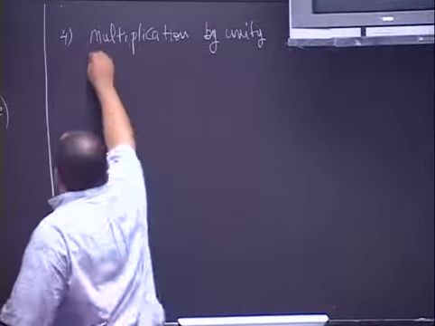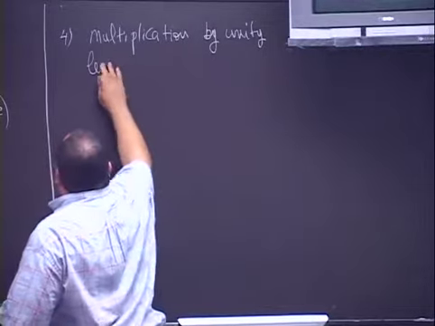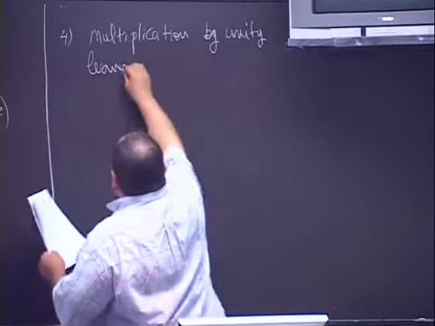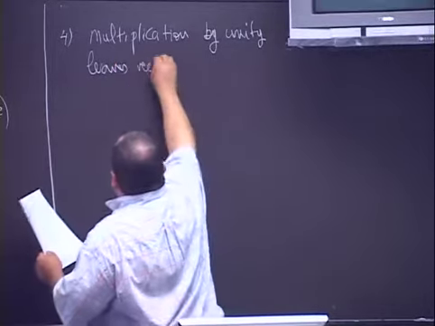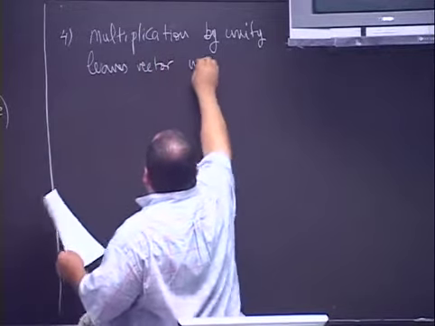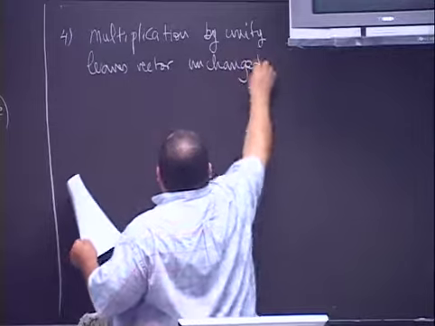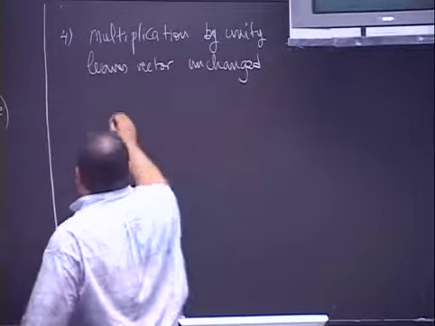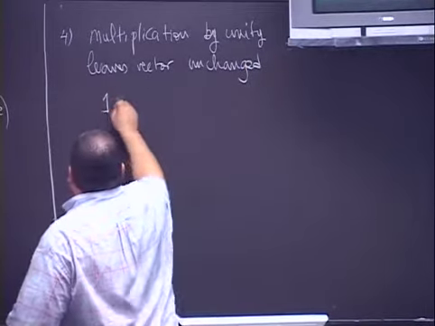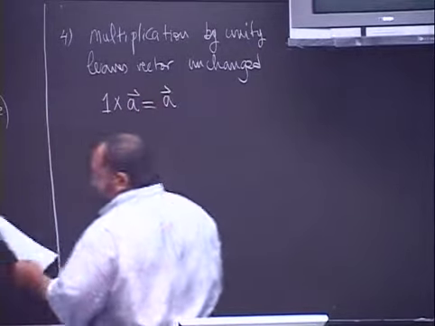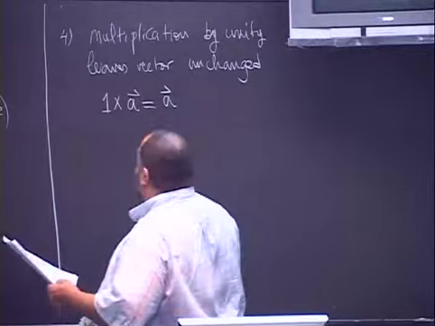Unity will leave the vector unchanged. So if we have 1 and we multiply it by a vector A, this should give me the same vector A.